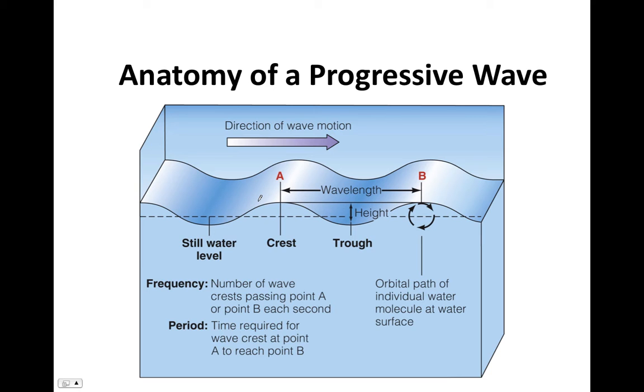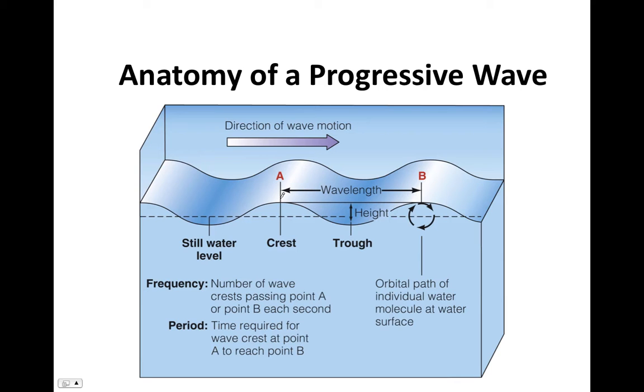Waves can be characterized using frequency, which is the number of waves or wave crests that pass a particular point in 1 second. So if, for example, one wave passes by point A every second, then that wave is said to have a frequency of 1 wave per second, which is 1 hertz.